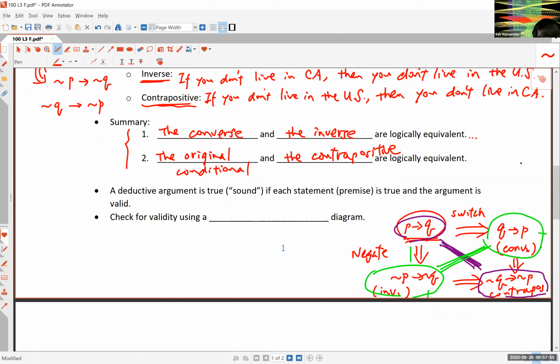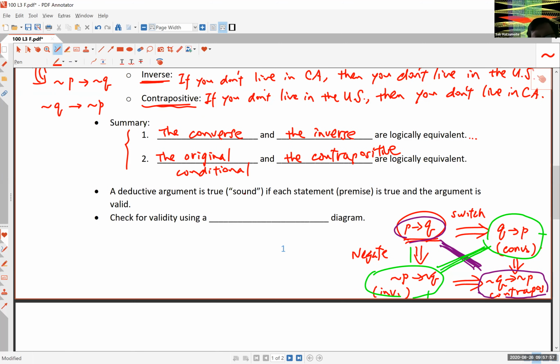Okay, so the deductive argument is true, or we say sound, if each statement is true and the argument is valid. Okay, so we'll talk about the validity in a moment, but the word valid simply means it is logically correct.